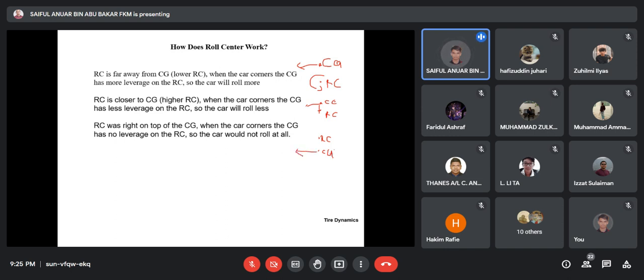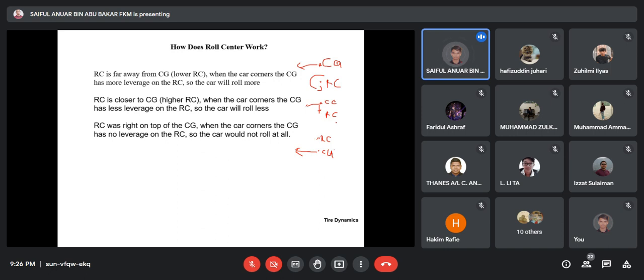When the car wants to roll, it will not roll at all, because the car will only roll if the CG is on the upper side of the roll center. And this kind of suspension, the multi-link suspension, can create this kind of roll center position at the upper side of the center of gravity. So this one the car will not roll.